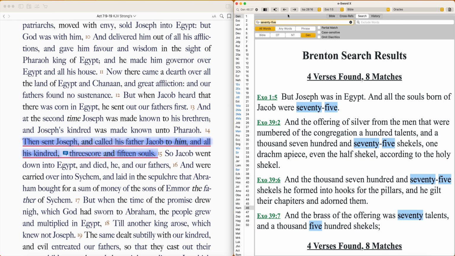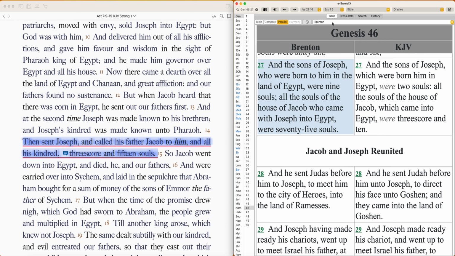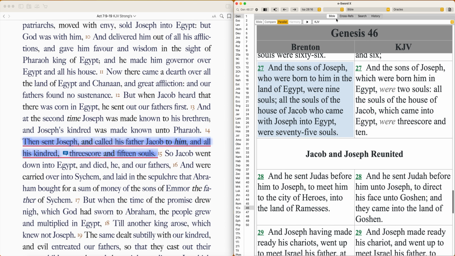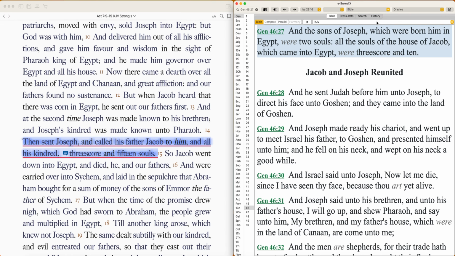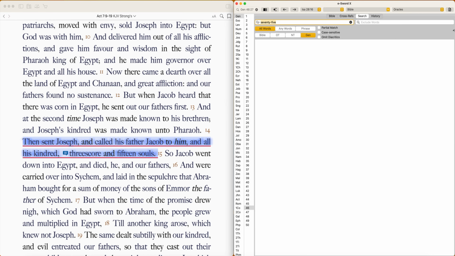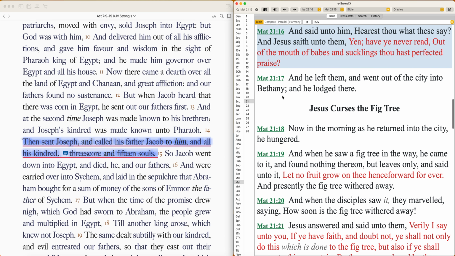Okay, so let me get out of the Septuagint. I'll go back to King James. Okay, so this is Matthew 21:16.